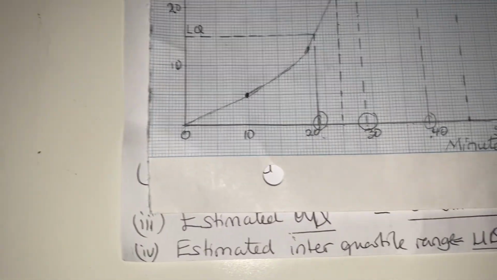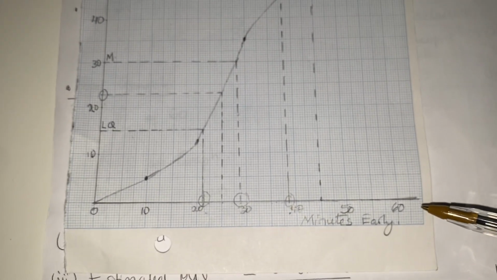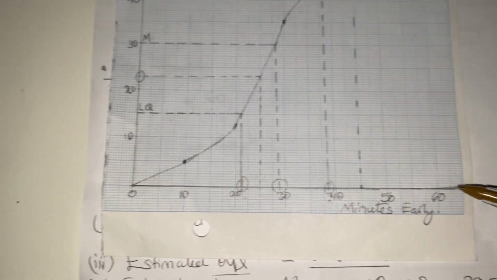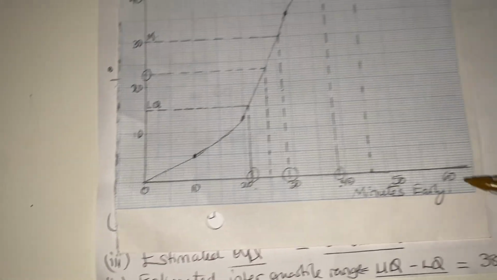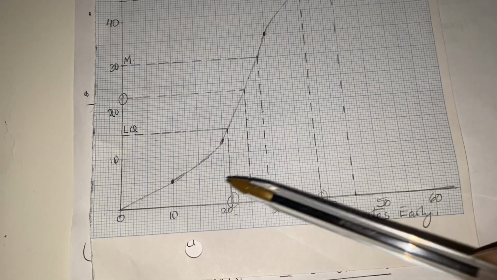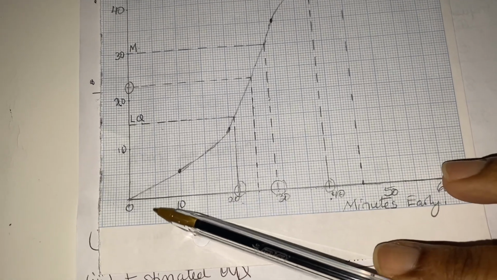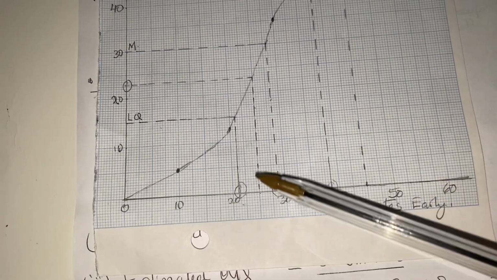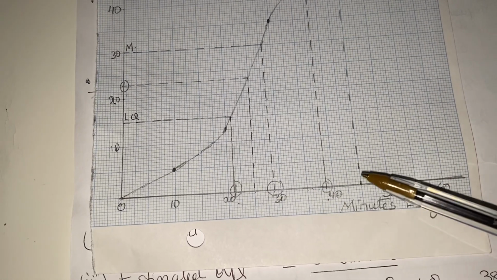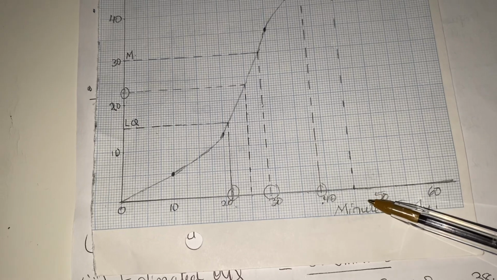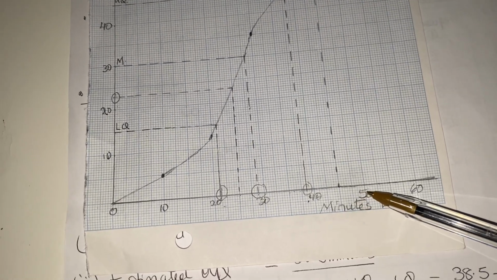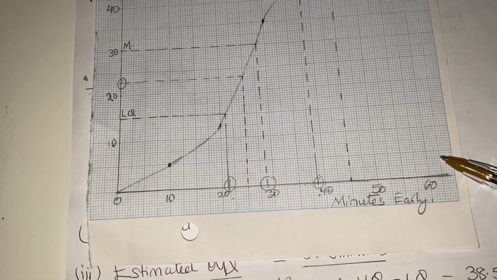So these are the early ones. This is my x-axis, minutes early. So 0, 2 boxes is a 10, so that'll be a 5 there. 20, 30, 40, 50 there, and 60.